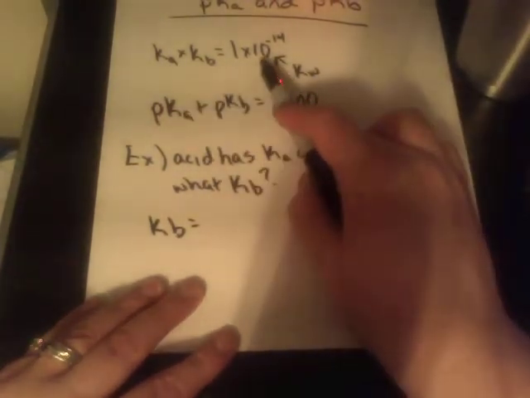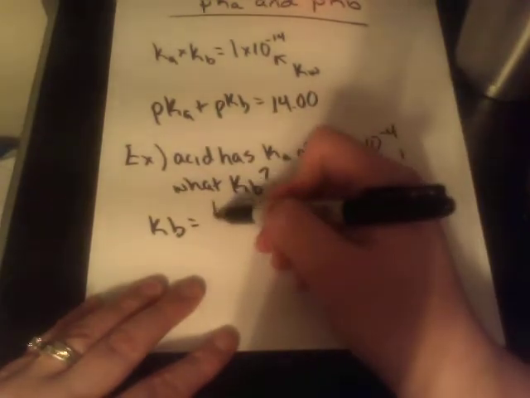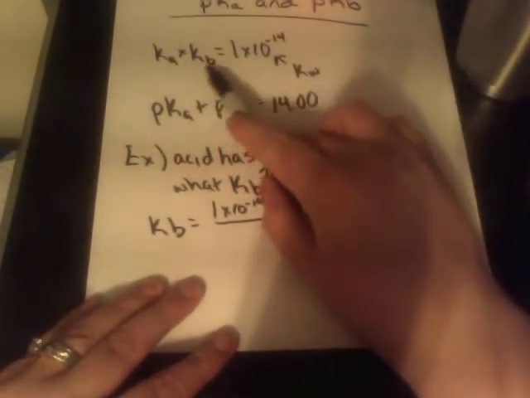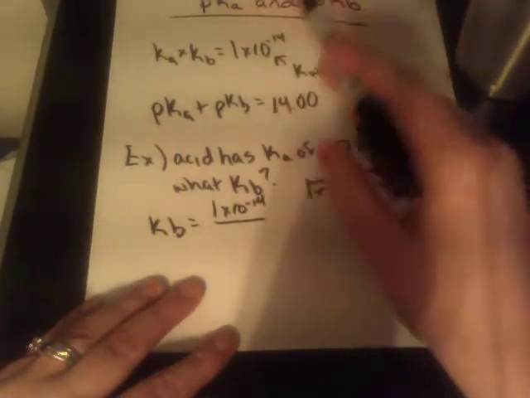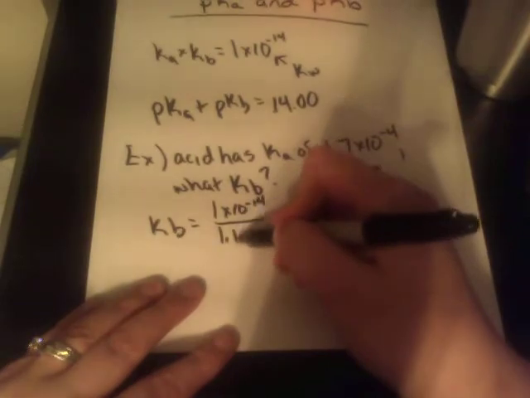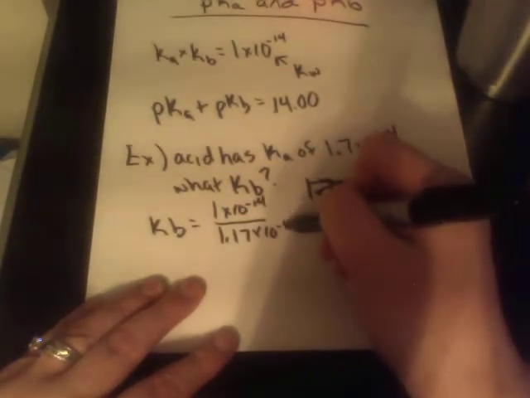Because I'm solving for K sub B. So it's going to be 1 times 10 to the negative 14 divided by my K sub A to get K sub B by itself. So I'm going to divide it by 1.7 times 10 to the negative 4.